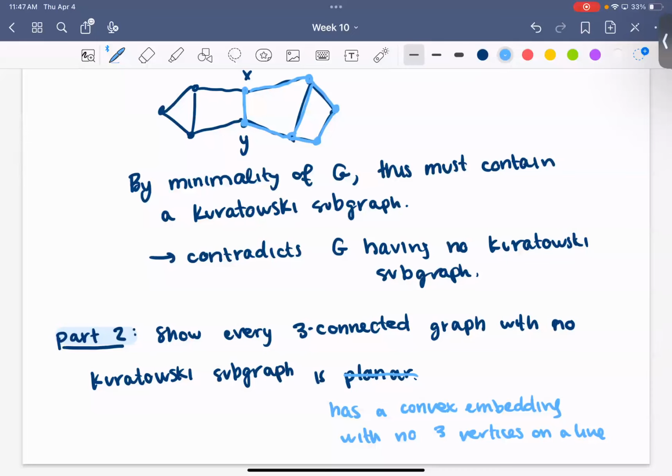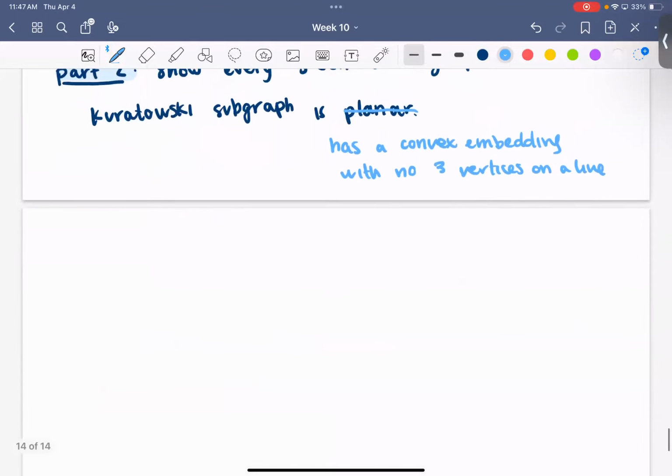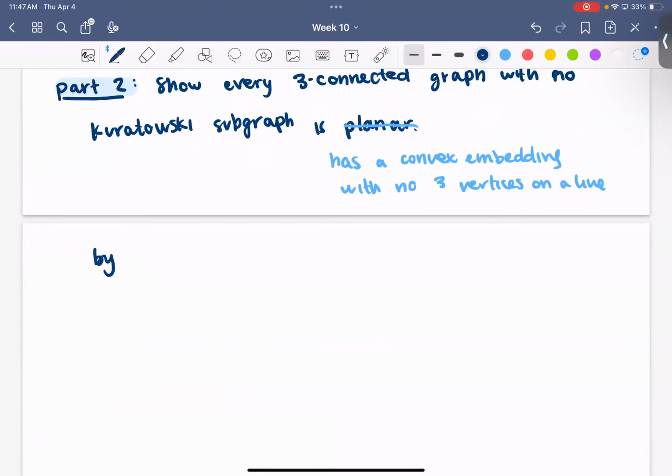And convex just means that every face boundary is a convex polygon. And the proof goes by induction. So the base case is whenever n is less than or equal to 4. And the only 3-connected graph in this case is K4, which has the desired embedding.